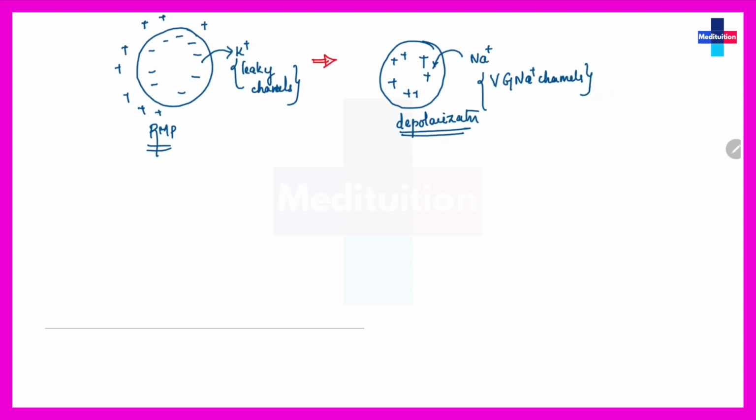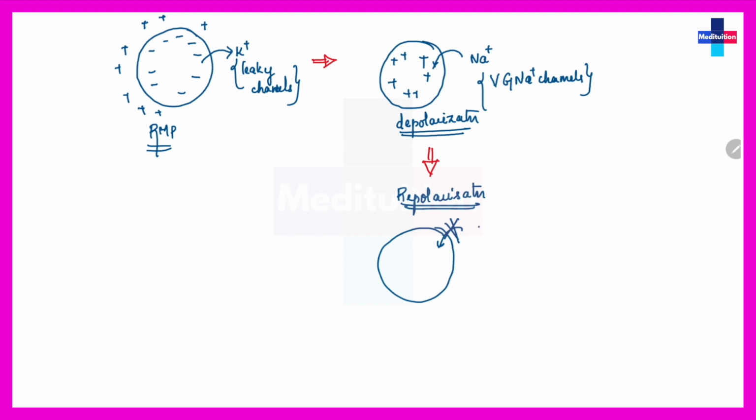Now further to this depolarization, we know there is a process of repolarization. So what happens in repolarization? We are reverting back to our resting membrane potential. By that way our sodium influx is stopped.